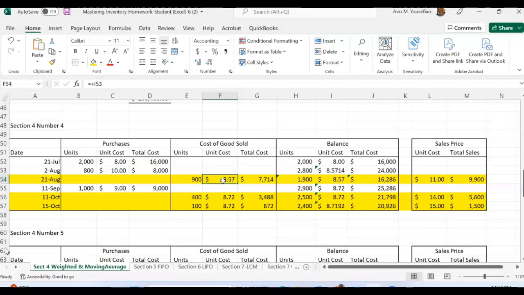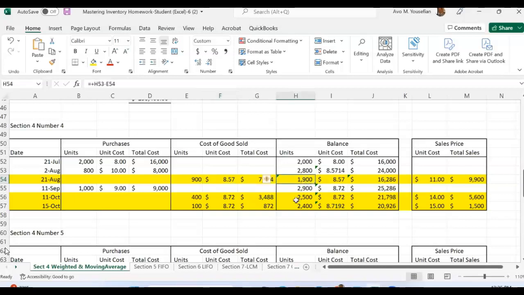So average cost, which is coming from here, times 900 gives us cost of goods sold of $7,714. Okay, so what is left?